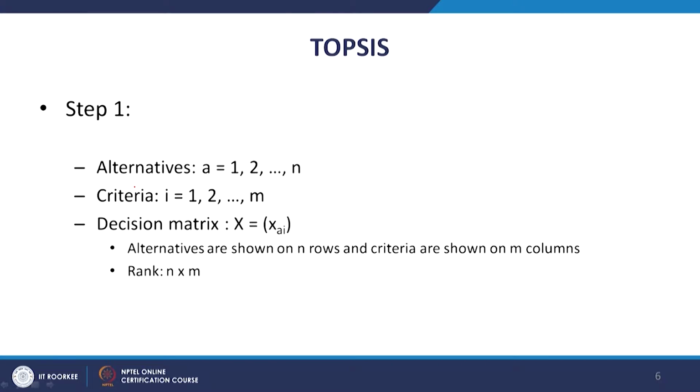So, alternatives are shown on n rows because we are considering n alternatives, and criteria are shown on m columns because we are considering m criteria. So, the order of the matrix is n cross m. This is the information that we need to have to start with before we can actually apply TOPSIS modeling.